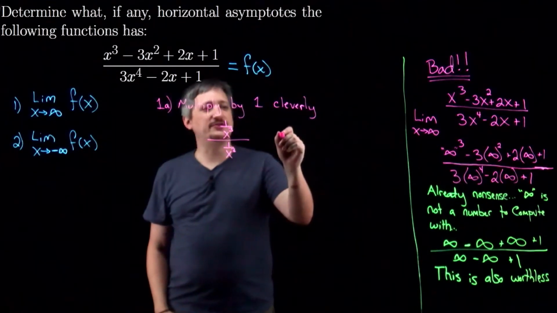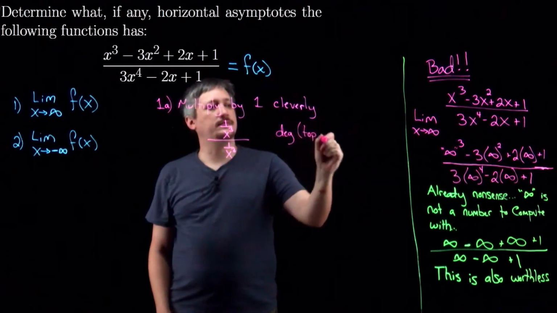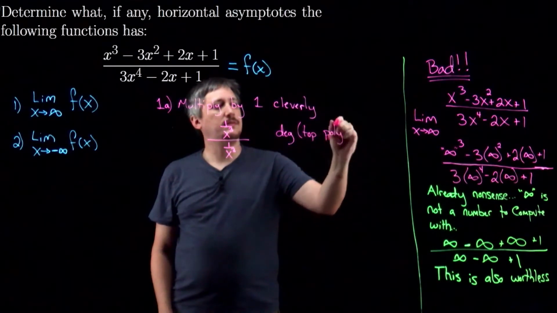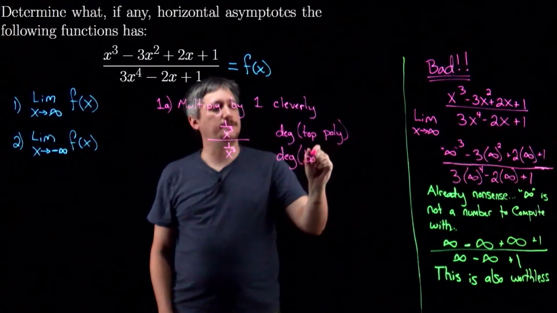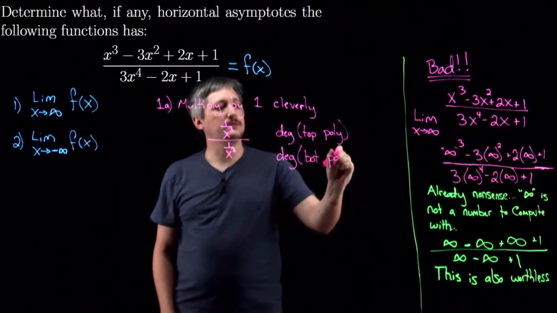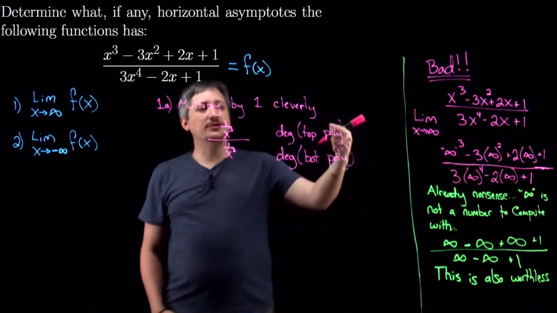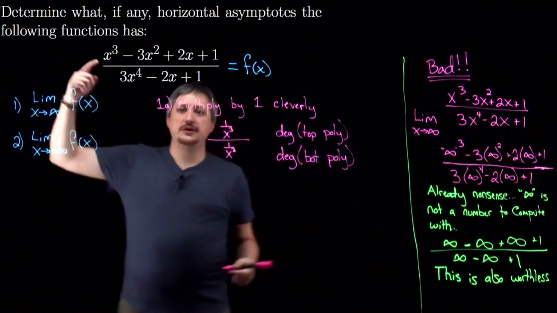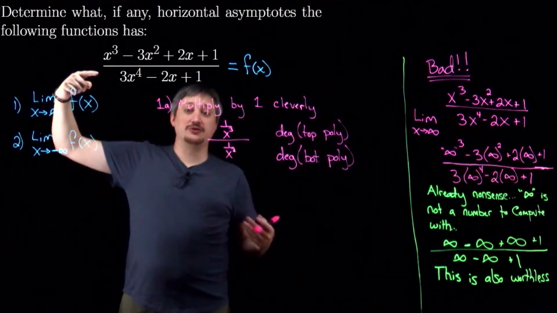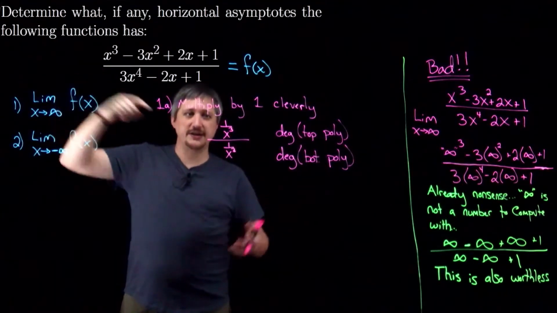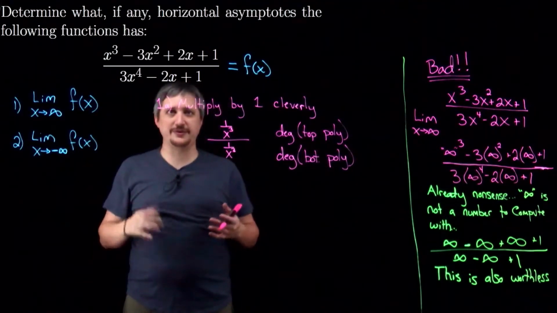So what I did was take the degree of the top polynomial and the degree of the bottom polynomial, and I took the smaller of those. The top one is degree 3, the bottom one is degree 4. The smaller of those two, degree 3, is how I got 1 over x to the 3. So that's where that 3 came from.